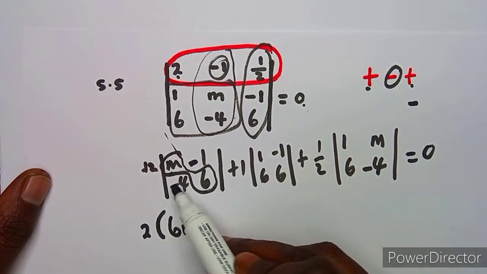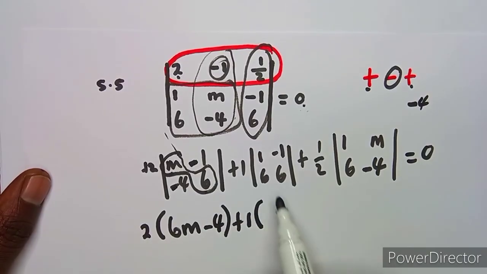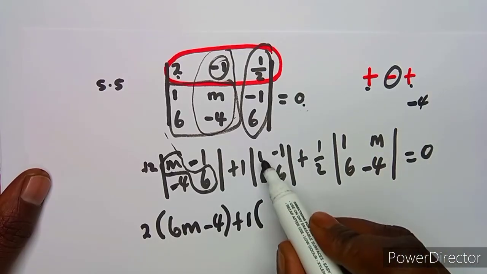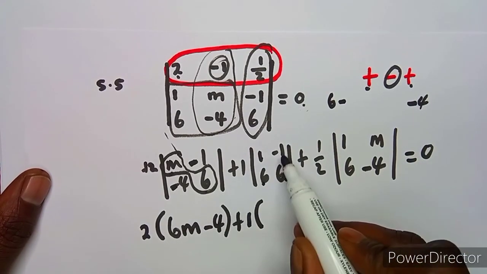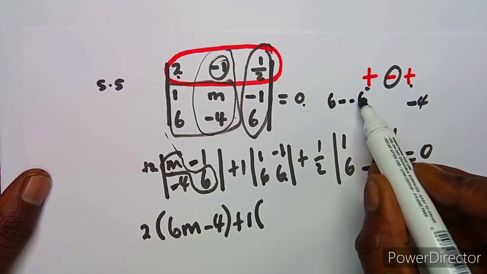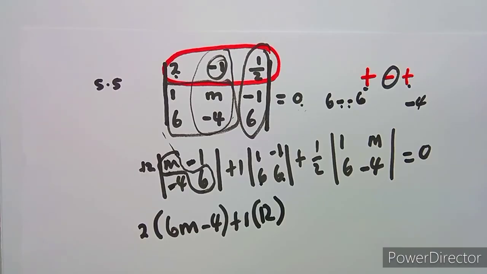So minus 1 times minus 4 is 4. So it's going to be minus 4. Okay, plus 1 into 6. So this one is going to be 1 times 6, which is 6, minus 6 times minus 1, which is minus 6. So it's minus minus, which is a 12 there. So this is going to give us a positive 12.